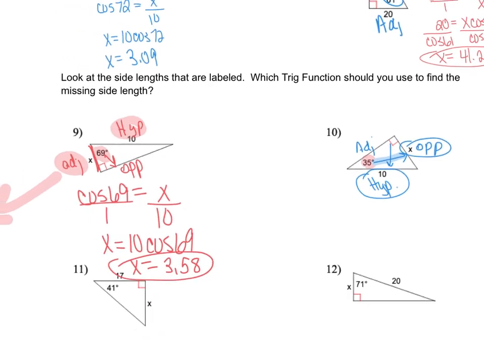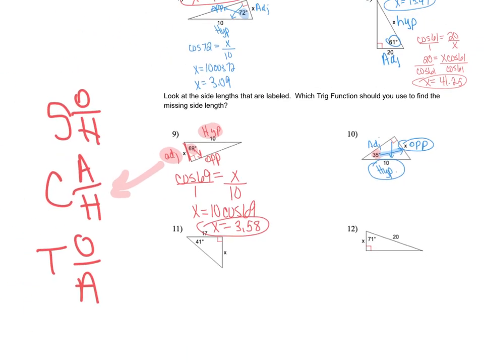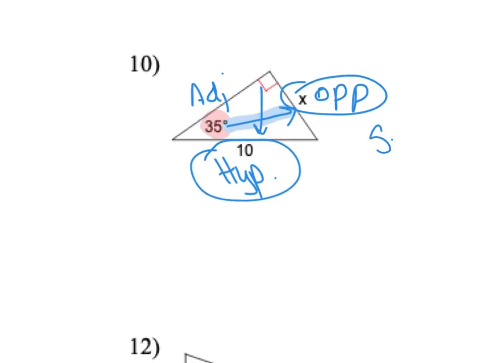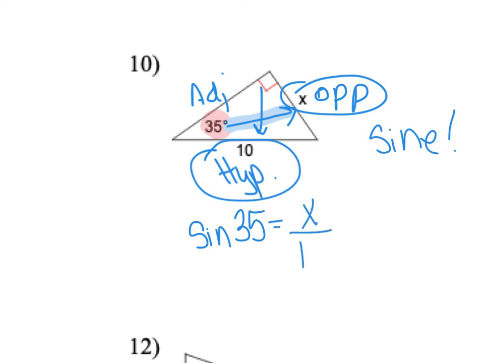So anytime we have opposite and hypotenuse, we are going to use sine. So the sine of the angle, remember that angle is always attached to it, equals opposite, which is x, over hypotenuse, which is 10. We've done enough of these, so I want you to go back and put these into your calculator and solve and check for the reasonableness of your answer, but I'm not going to do that right now.